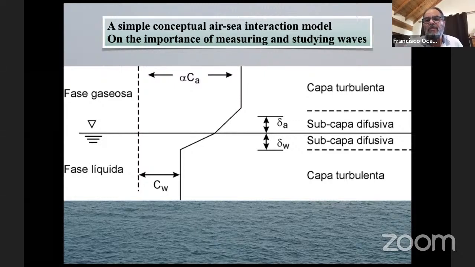So there is a very thin diffusive sublayer with a very sharp gradient in concentration. And it is within this diffusive sublayer where the resistance to transfer of any property lies. So you can obviously think that any process that disturbs this diffusive sublayer could modify or modulate the transfer as a whole.